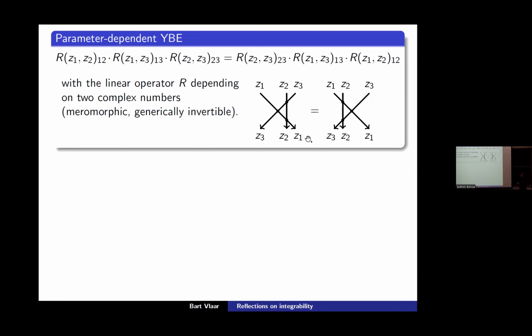So really what you get here is a family of different solutions of the Yang-Baxter equation, parameterized by these numbers. In order to make it interesting, you must make some requirements on the dependence on this parameter. So let's say they depend meromorphically on the parameter, so there could be points where the R matrix is not defined. And you also maybe want to require that the R matrix is generically invertible, so invertible at most points of these 2 complex variables.